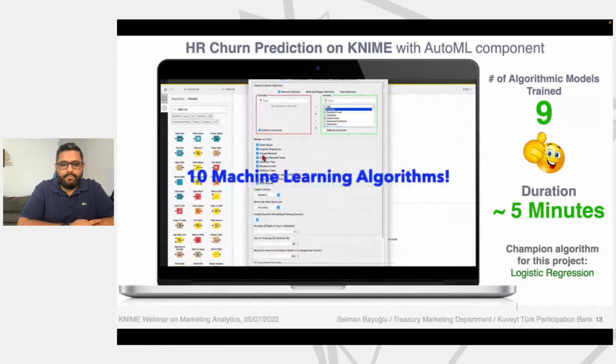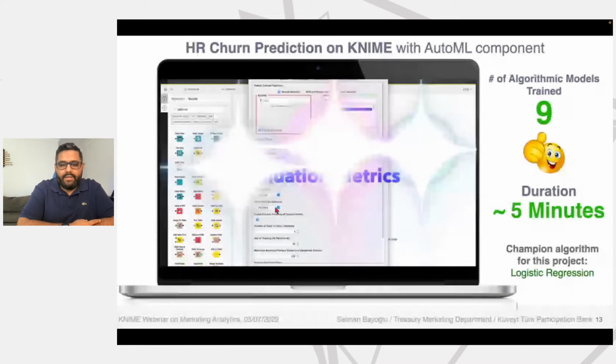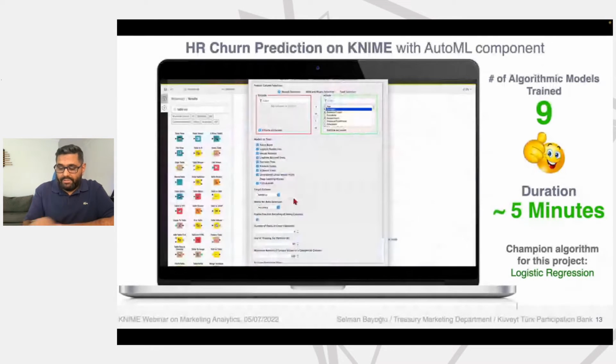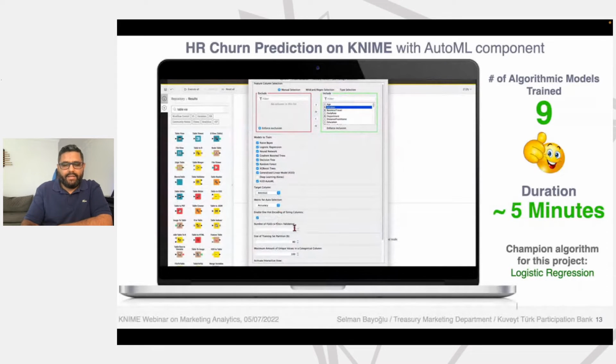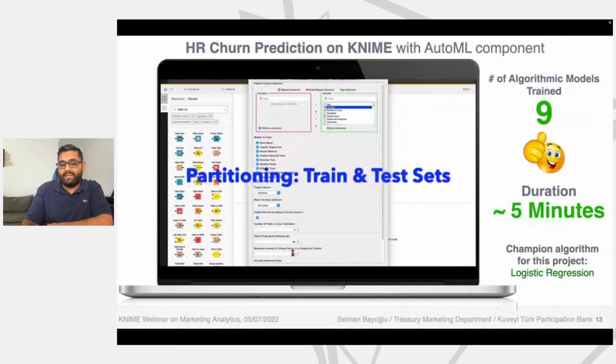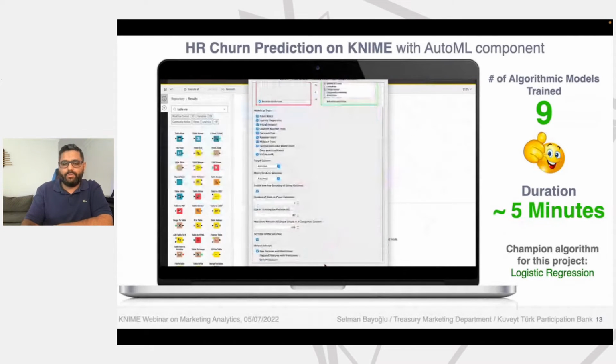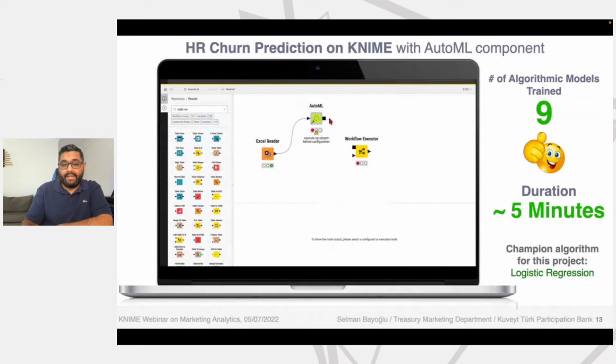And there are 10 machine learning algorithms. I chose 9 of them. And my evaluation metric is accuracy. Okay, and there is a cross-validation. 4 times I selected, and 80% of data is for training, and 20% is for testing. And I say run.